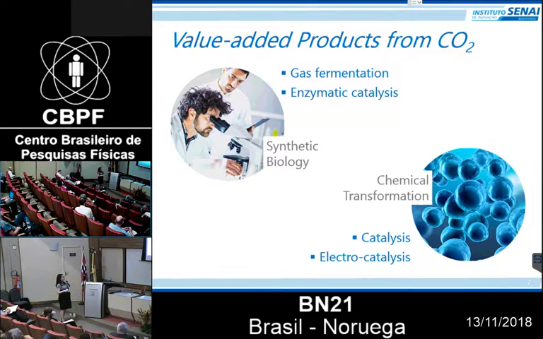We can do this using synthetic biology. In this case, we use gas fermentation or enzymatic reactions to transform carbon dioxide into chemicals, or we can do chemical transformation using catalysts or electrocatalysts. In the institute I work for, we have these two platforms, and we are working on these two approaches.